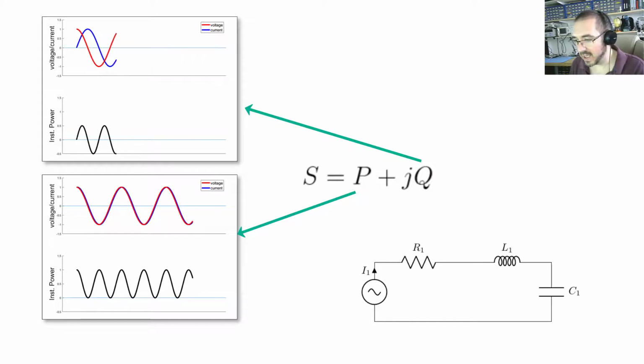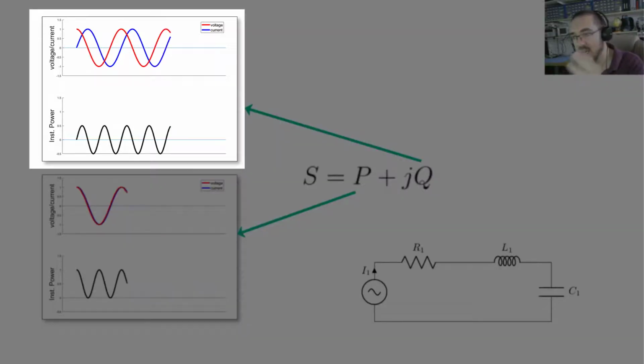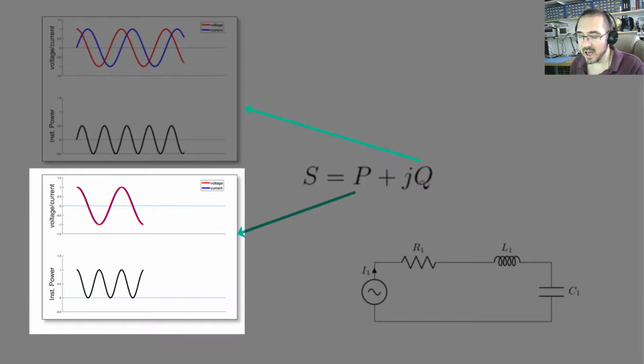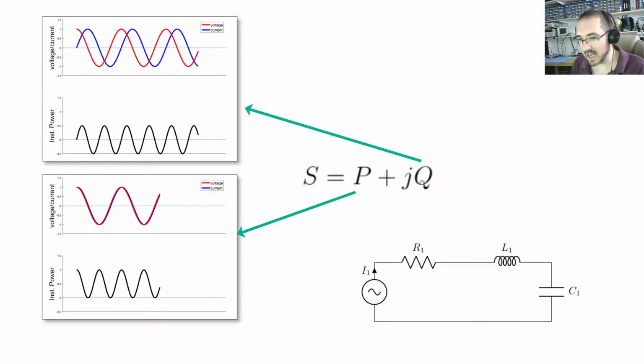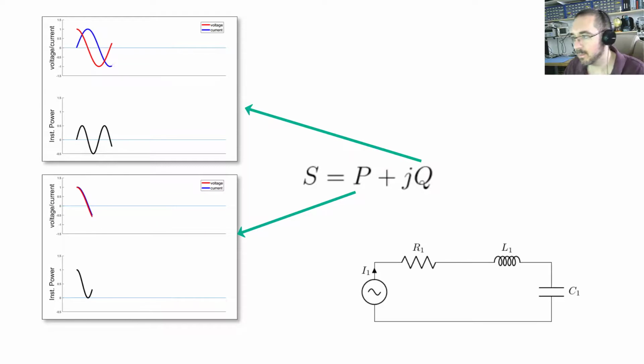Okay, so we're making mathematically two idealized situations, one that looks like this, and the other one that looks like this. And when we do complex power analysis, what we're asking is how much of that power is like this and how much of the power is like this.